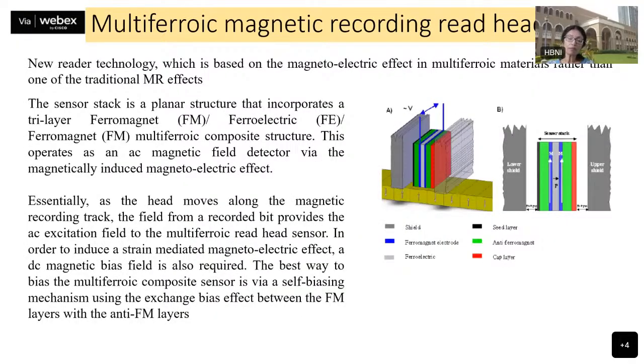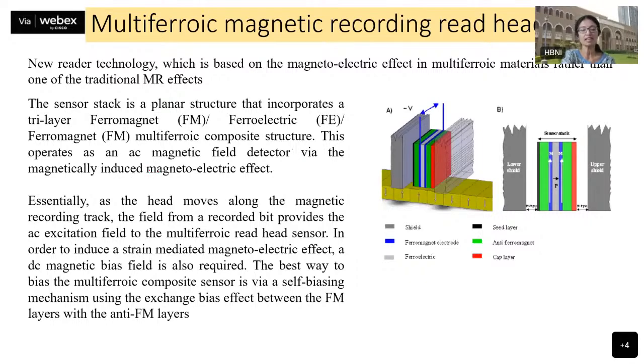A very important application, if you can have room temperature multiferroic materials, is in multiferroic magnetic recording read heads. Here the sensor stack is basically a planar structure that incorporates a tri-layer ferromagnet, ferroelectric, ferromagnet multiferroic composite structure.